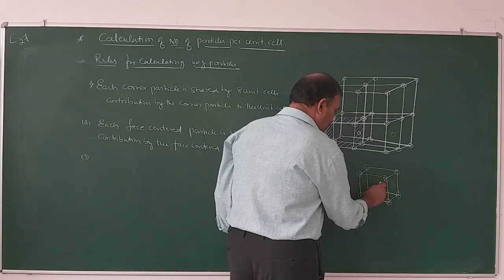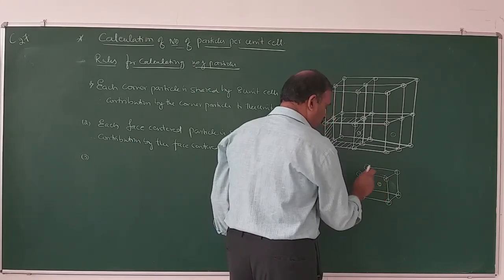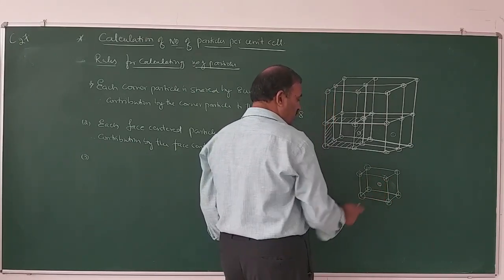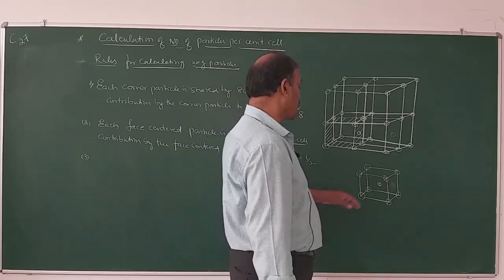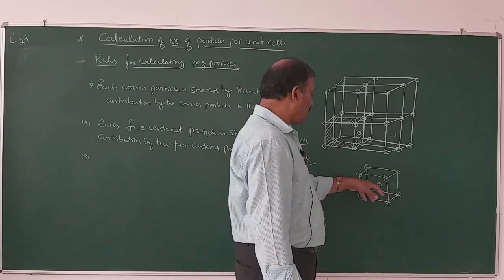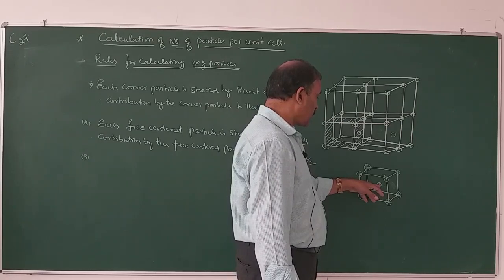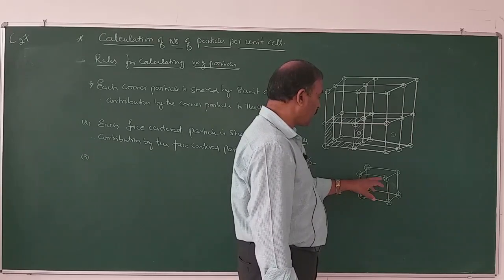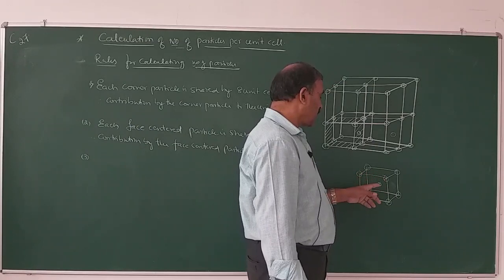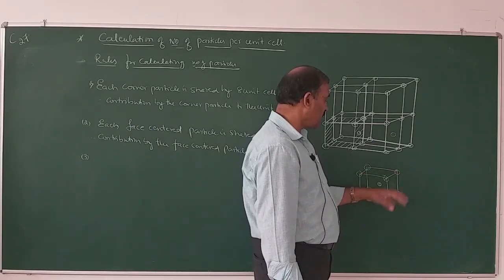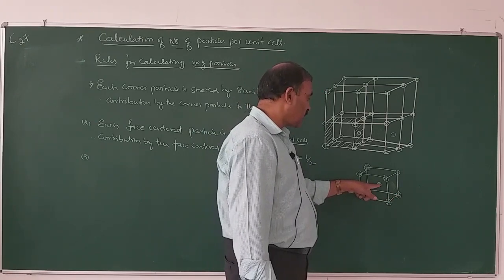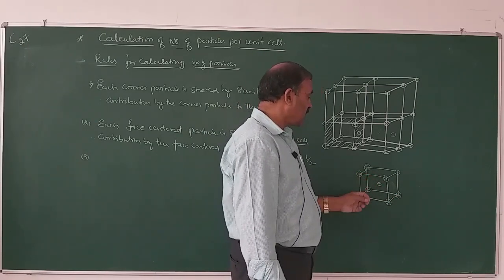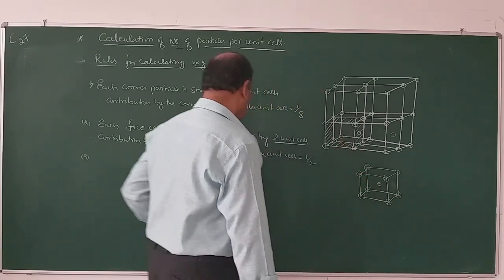So consider this is the body-centered particle. This body-centered particle is not shared by any other unit cell, but completely belongs to this unit cell. Therefore, the contribution by the body-centered particle to the unit cell is completely 1.